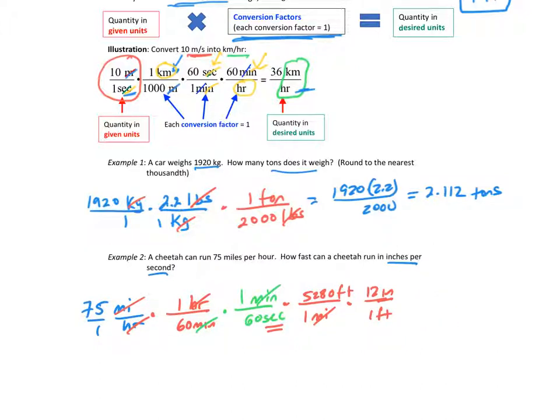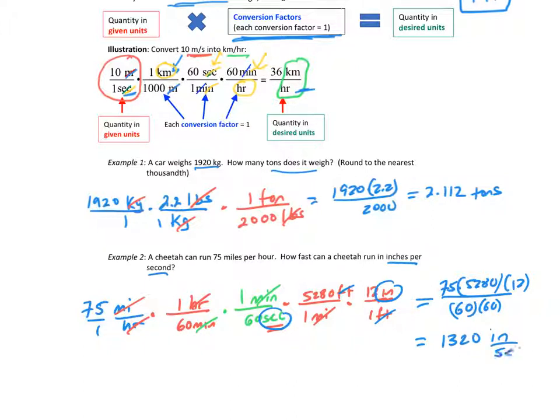And now to find out what this equals, well, first of all, I'm going to cancel out the feet. And our units now are in inches per second, which is what we want. And to find the answer, we multiply across the numerator. So you would have 75 times 5,280 times 12 divided by 60 times 60. And if you enter all of that into your calculator, you'll find out this is 1,320 inches per second.